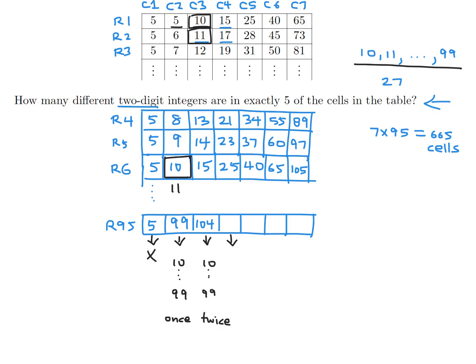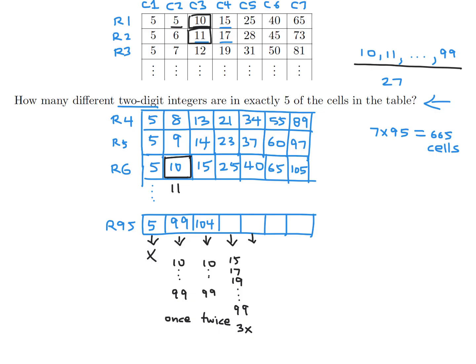C4 is 15, 17, 19, all the way till 99. So those numbers appear 3 times. So let me put 3 times there. Just those numbers, the 15, the 17, the 19, all the way to 99. You got it? Because they would appear once in column 2, once in column 3, and once in column 4.